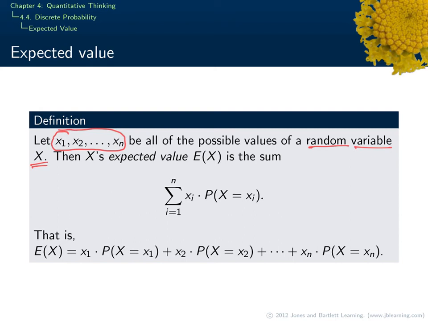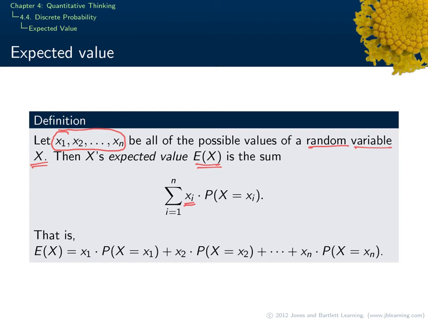Okay, so sometimes we're interested in computing what's called the expected value, denoted by E(X), of a random variable X. And the way that you compute it is you multiply each outcome. So we're going to assume that the outcomes are numerical now, not just like heads and tails, but maybe like 0 and 1.